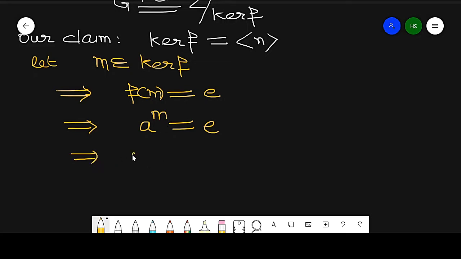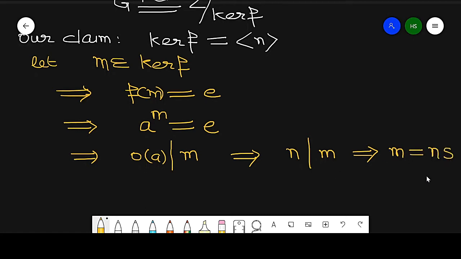It implies the order of a divides m, so n divides m. So m is a multiple of n, which can be written as ns, where s is some integer. So m belongs to the subgroup generated by n, because this subgroup contains the multiples of n.